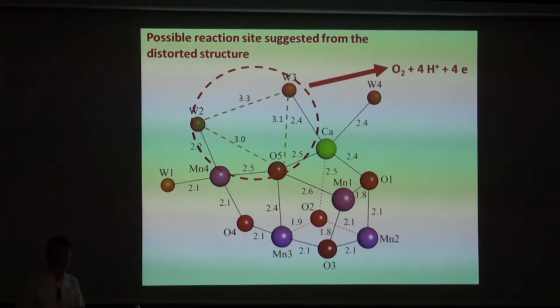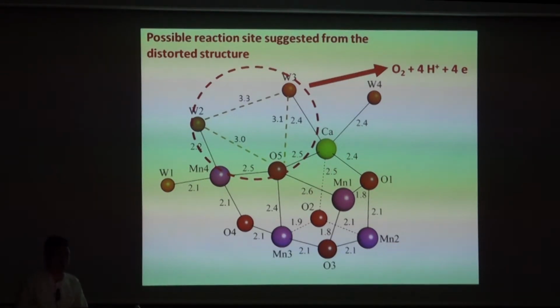So the manganese ions here are 3+ and 4+, and they can donate electrons to or receive electrons from the water. So they participate in the redox reaction of water splitting, but this calcium ion cannot participate directly in the water splitting. And what is the role of this calcium here?